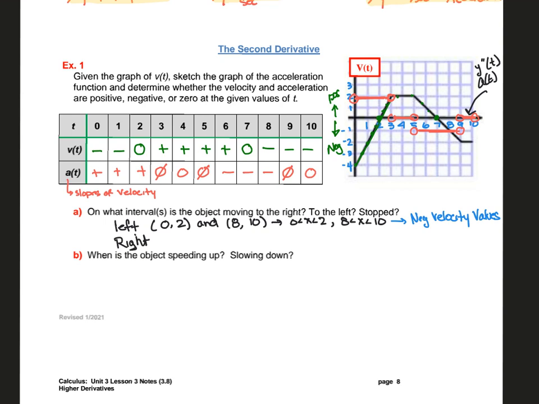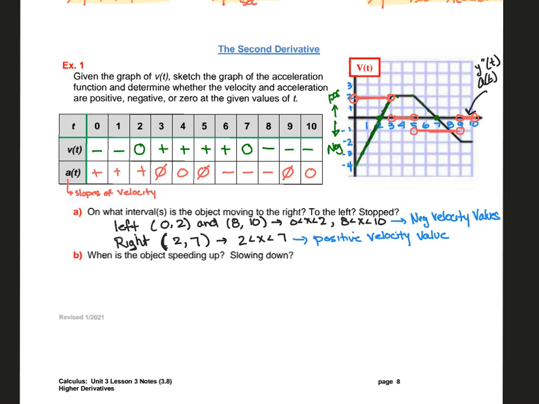So we say that it's moving to the right from 2 all the way up to 7. Notice that we have round brackets there because at 2 and 7 it is not moving to the right. If you prefer your greater than, less than symbols, you can write it like that. And when we're looking at our graph, those are our positive velocity graph values.